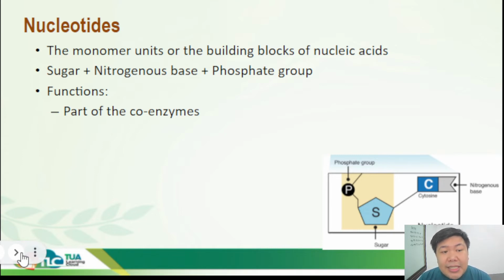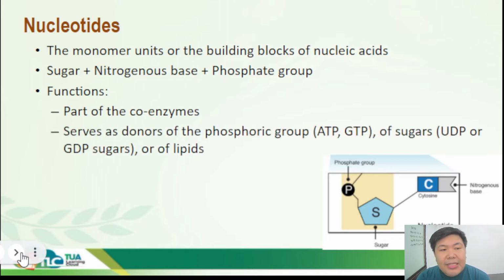And those substances needed by the enzyme are called coenzymes. And these nucleotides, the triple combination of phosphate, sugar, and nitrogenous base, sometimes act as a coenzyme. Secondly, they serve as donors of the phosphoric group, specifically for ATP and GDP, of sugars and of lipids.